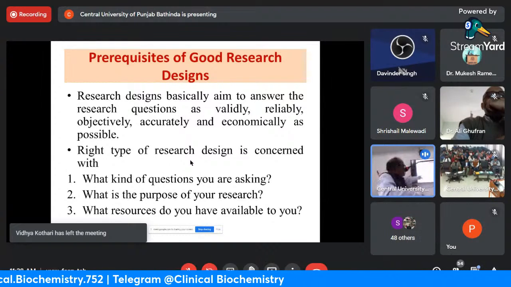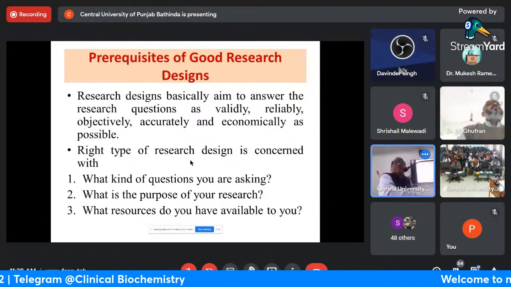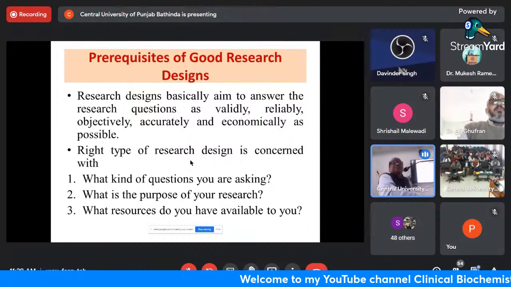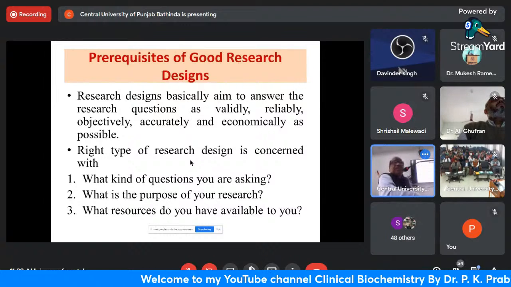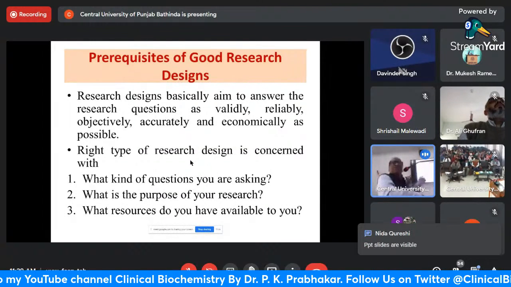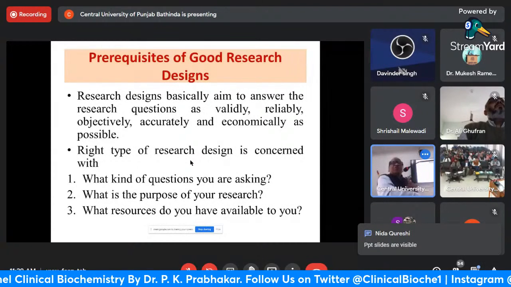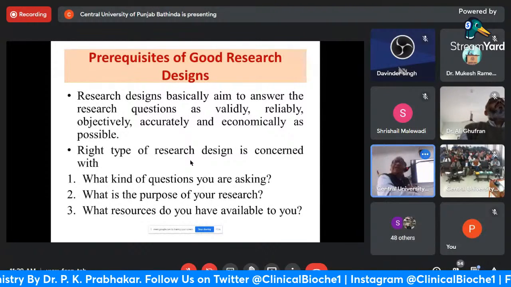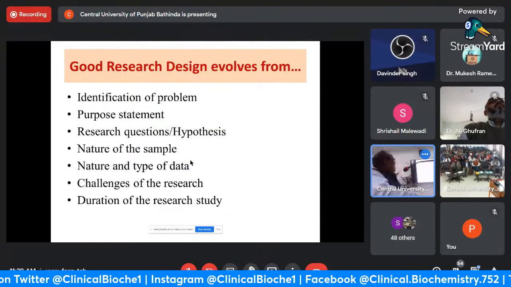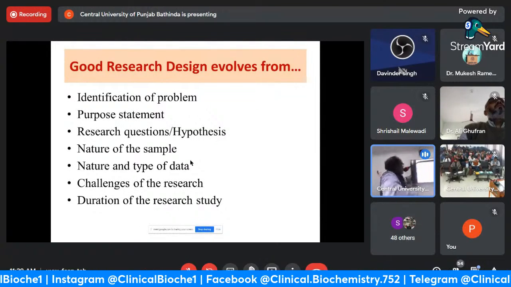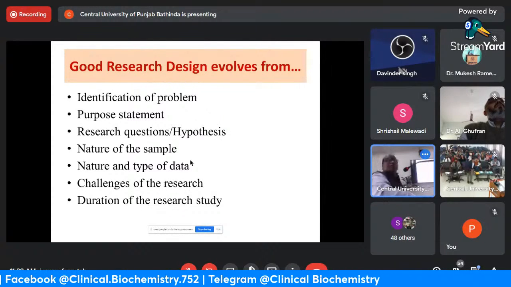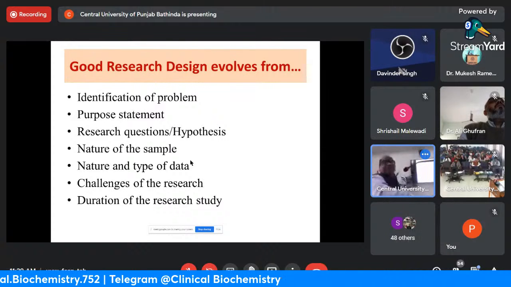And what resources are available to you? Manpower, machinery, your knowledge, your skill. These are fundamental aspects that determine which research you will follow and which you need not. A good research design will evolve from these aspects.